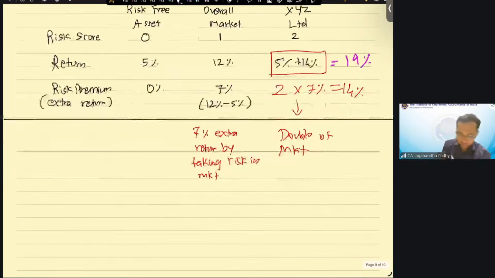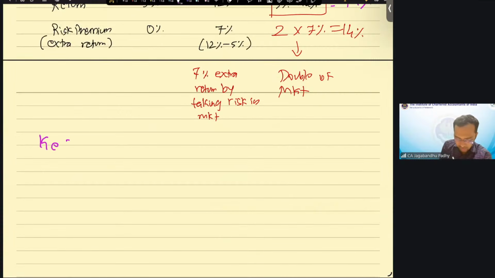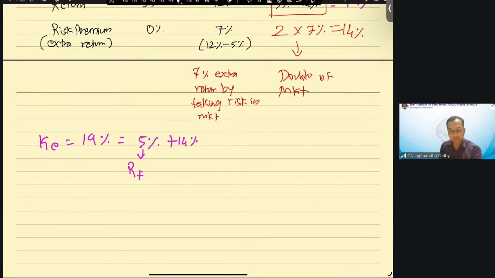Now this derives the formula. Sir, our KE was 19%, and we said KE was simply 5% plus 14%. Well, this 5% was what? Risk-free rate. And this 14% is the risk premium. Now the next question is, sir, how do we get this 14%?